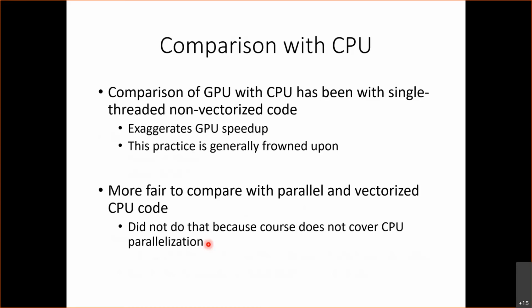However, I want to say this because I wanted you to take the comparisons with the CPU that we've been doing with a grain of salt, because just like we've been parallelizing and vectorizing on the GPU, we can also do the same on the CPU. So a more fair comparison would have been to compare to parallel CPU code that uses vectorization.